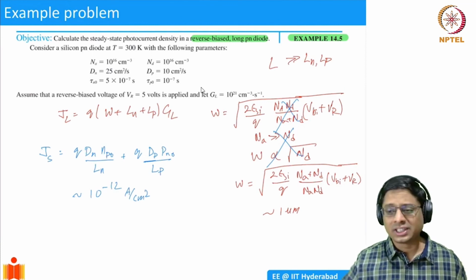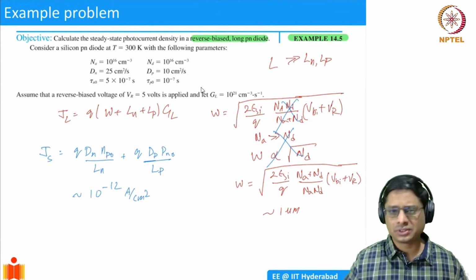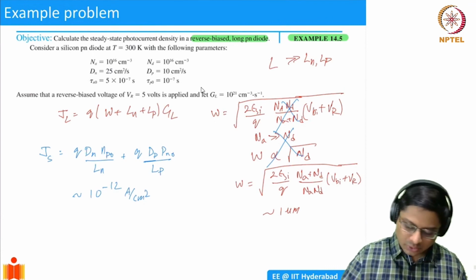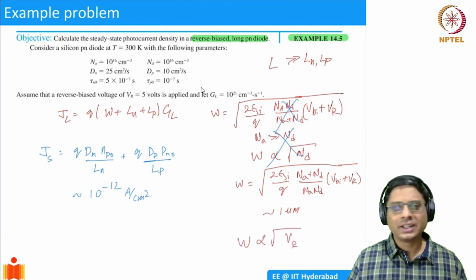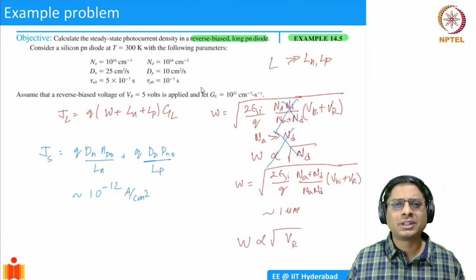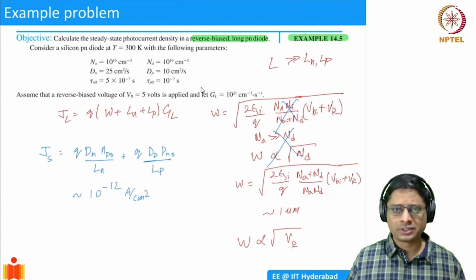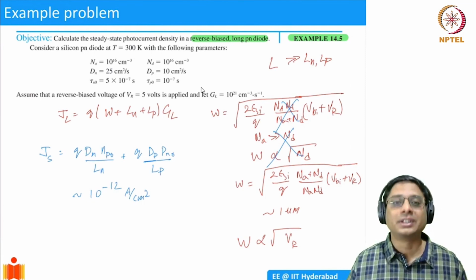Again, because it can go from about, we saw, 0.1 micron to about 1 micron, maybe 1.5 microns with large voltage. Basically, the width is going to be proportional always to the square root of voltage. If you don't have any voltage, typically about 0.1 micron, even if you increase the voltage, you're not going to get that much of benefit. All right. We still want to increase it further.